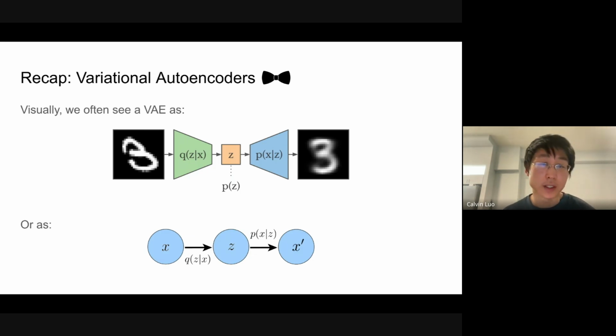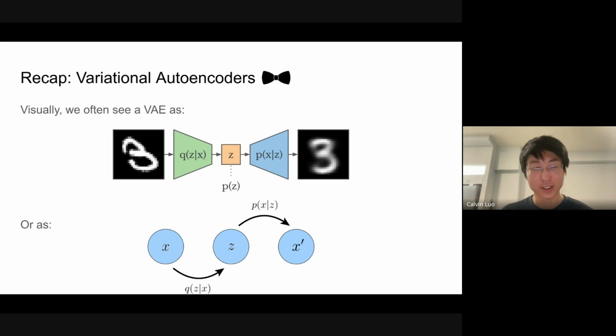Visually, we often see a VAE as this bow tie-like figure, the encoder and the decoder. But you might also have seen it in terms of circles and arrows, where the circles represent spaces, and the arrows represent transitions where you can learn an encoding transition q of z given x and a decoding transition p of x given z.